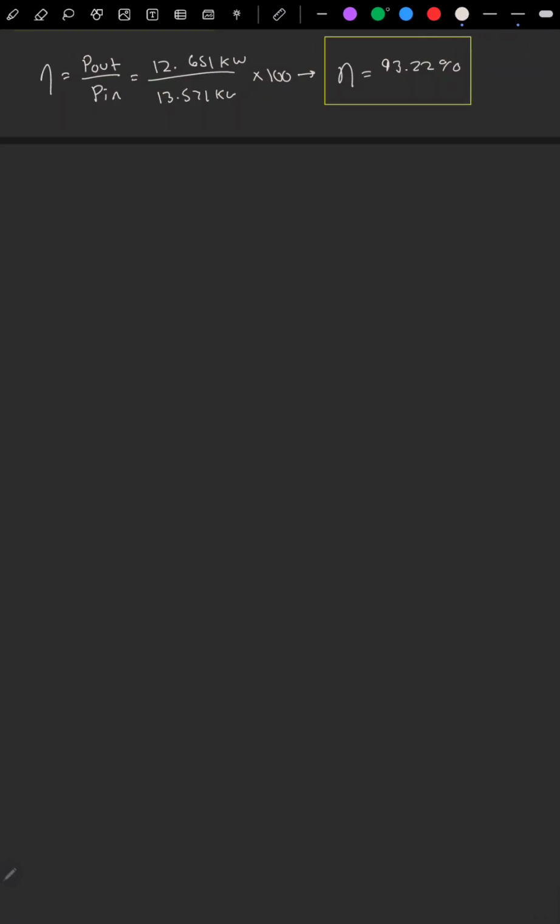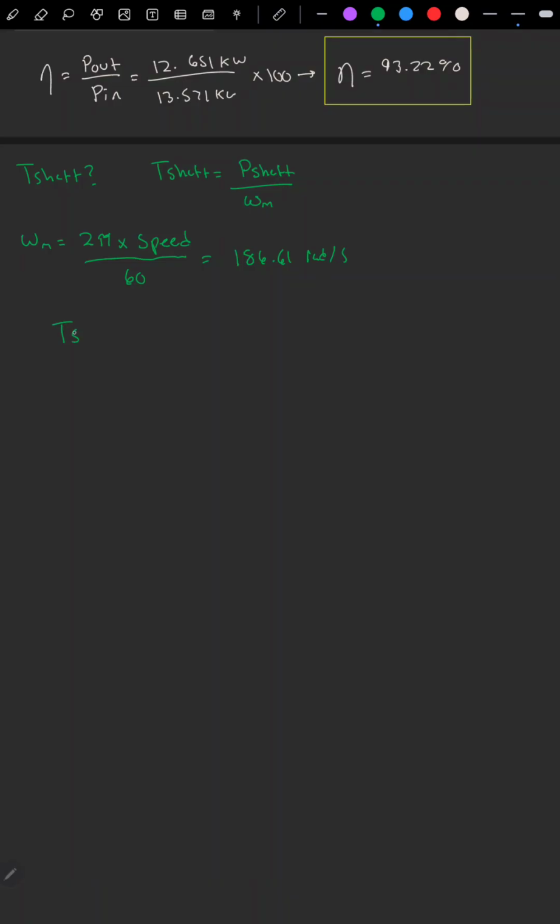One of them is T shaft. So the equation for T shaft equals the power at the shaft divided by omega m. The equation for omega m equals 2 pi multiplied by the speed over 60, which is going to equal 186.61 radians per second.